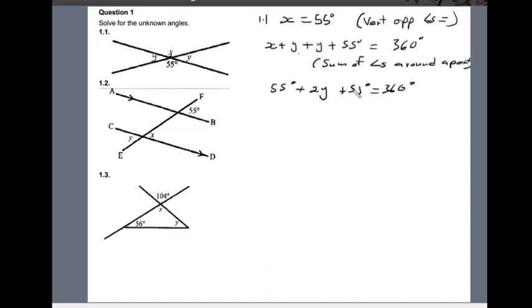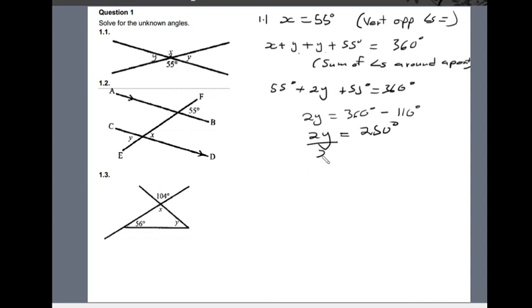So 55 plus 55 is 110, and then we will transpose 110 musingalo. So it's 2y is equal to 360 minus 110 degrees, right? And then 360 minus 110 is 250. This is 250 degrees. So 2y is equal to 250.